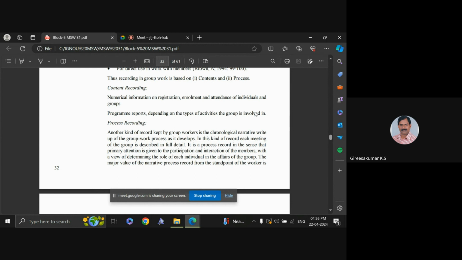Chronological narrative write-up of the group work process as it develops, which social workers used to do. Interaction and participation are most necessary.